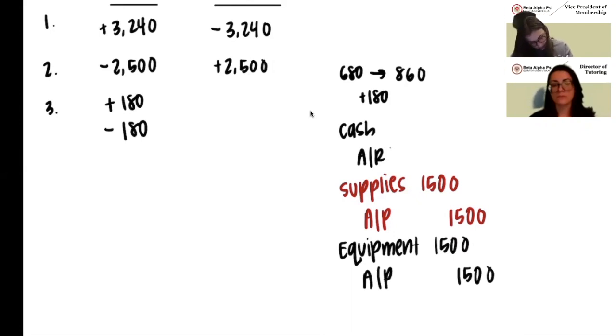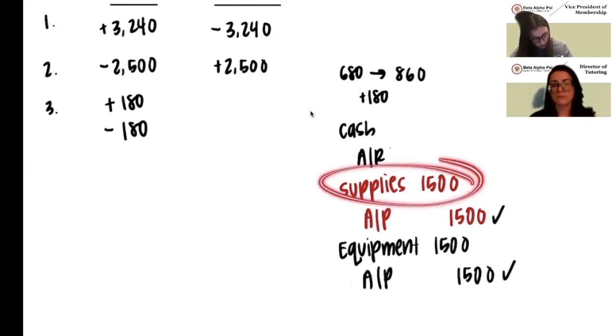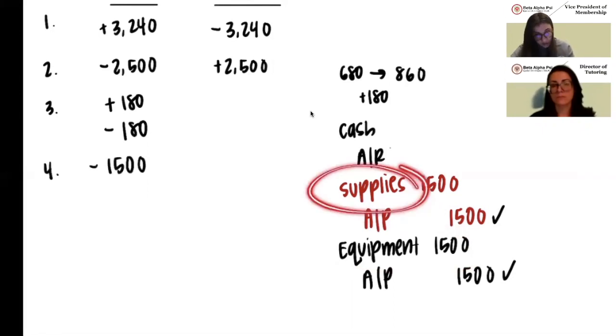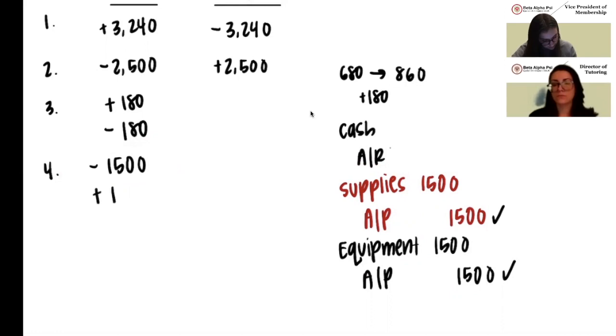So this part, credit to AP, is correct. We just need to fix which account it's going into. So number 4, we're going to take $1,500 out because we put it into supplies when we shouldn't have. This is the supplies account that we're taking it out of, and then we're going to add $1,500, and that's putting it into the correct account for equipment.